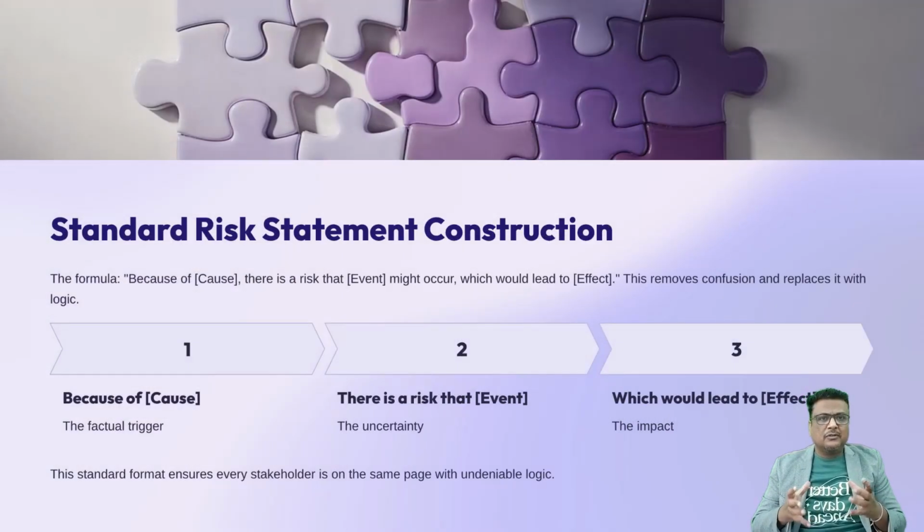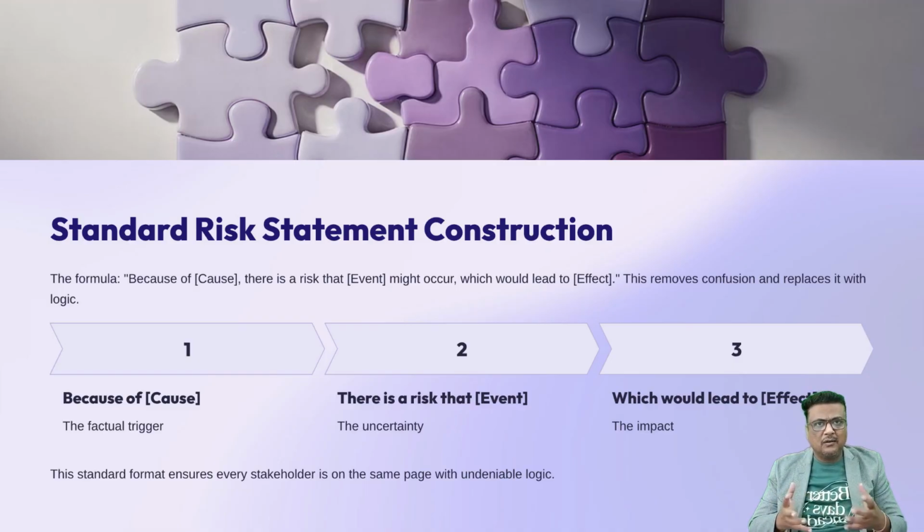Let's look at the standard risk statement construction. Technically, this is the syntactical integration of cause, risk, and effect into a single actionable narrative. In simple terms, we use the formula because of cause, there is a risk that event might occur, which would lead to effect. This is the most professional way to communicate with your team.